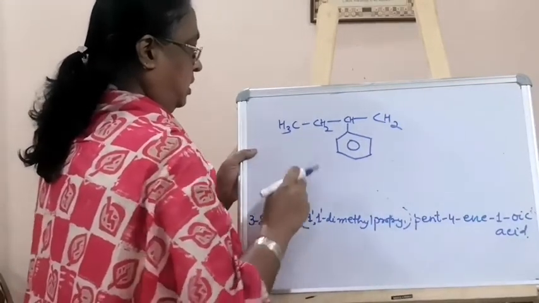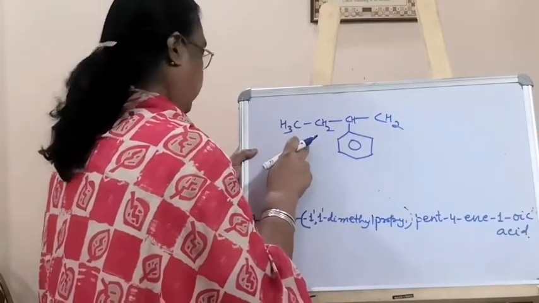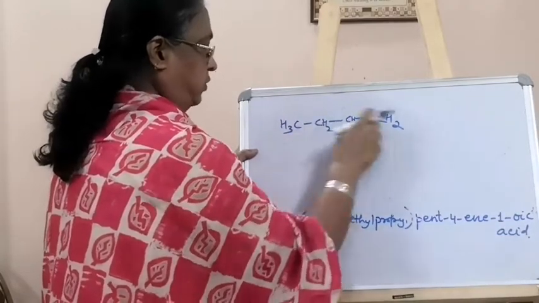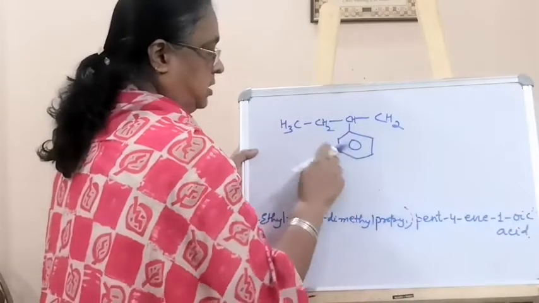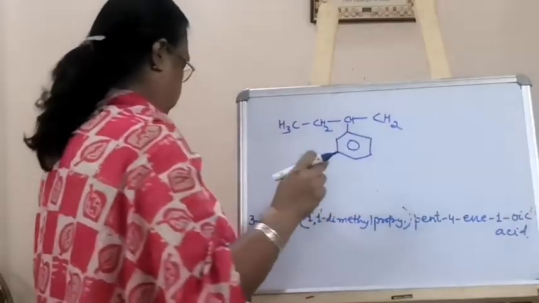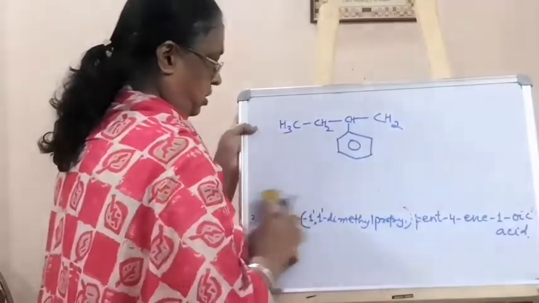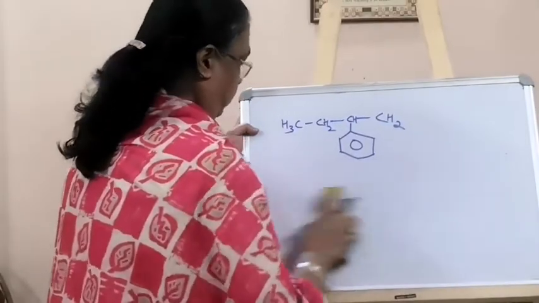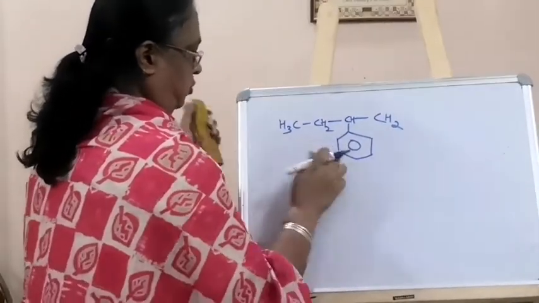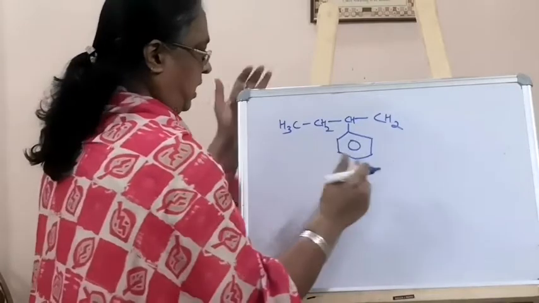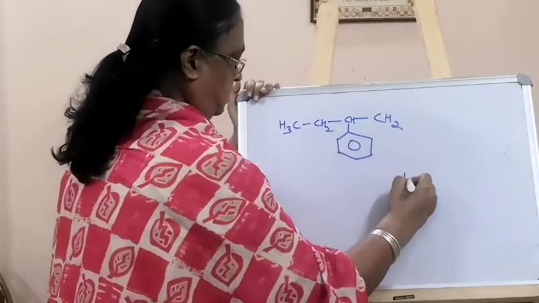So in this case we are having 1, 2, 3, 4. This won't be the root word, because here the 6 carbons are more. So 6 is longer. So therefore the root word will not be but, the root word will be benzene. This is a benzene ring. So root word is benzene.